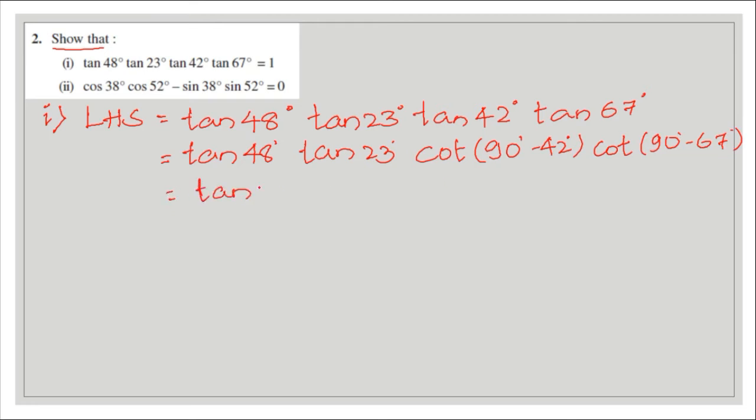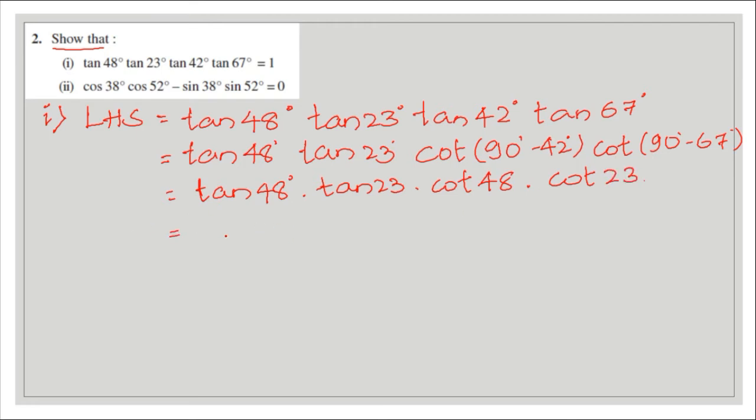So we get tan 48 into tan 23 multiplied to cot of 90 minus 42, which is 48, into cot of 90 minus 67, which is 23.